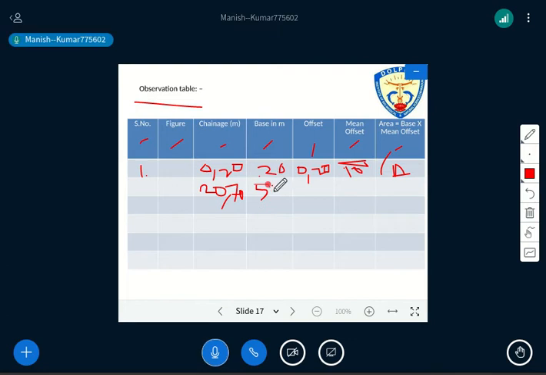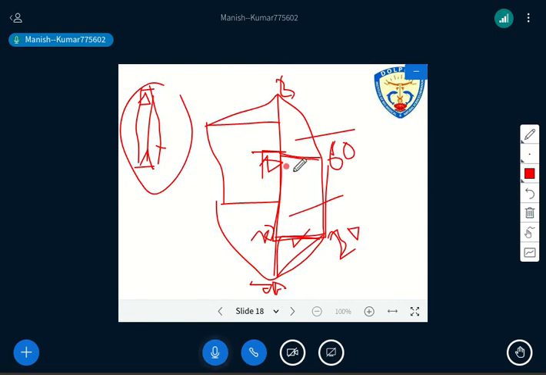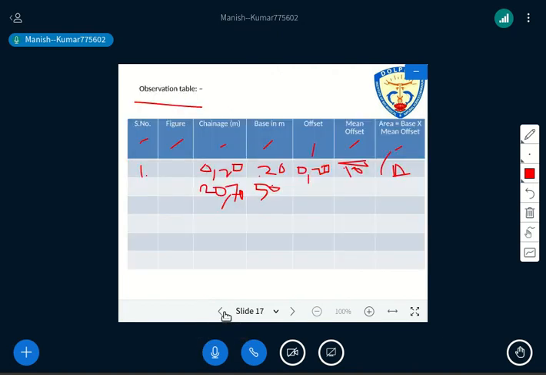Is it okay? 50. And then the offset, here you need to understand the offset. If you look at this figure, in the trapezoid there are two perpendicular lines, so we have two offsets. This is 20, this is 60, and that needs to be written over here. So you write the two offsets, 20 and 60, right? And then again you get the mean, and then you have the area.